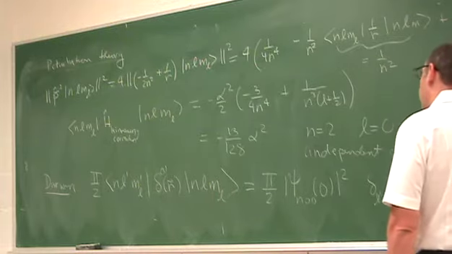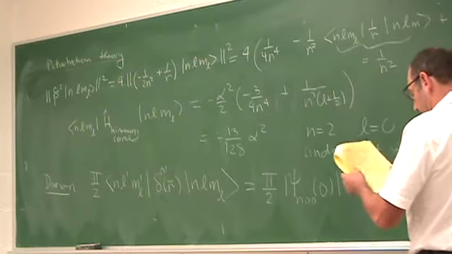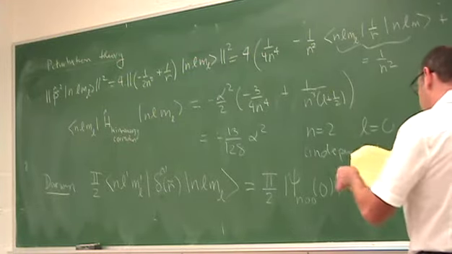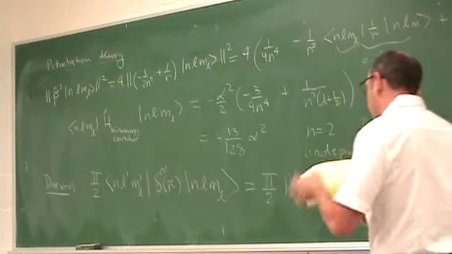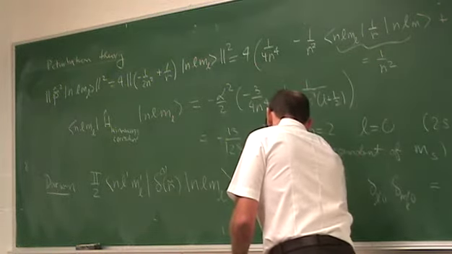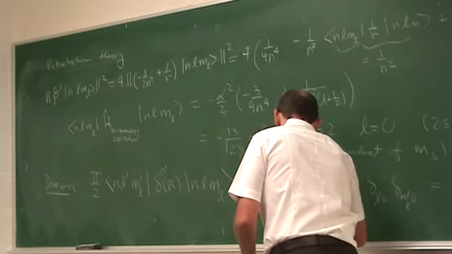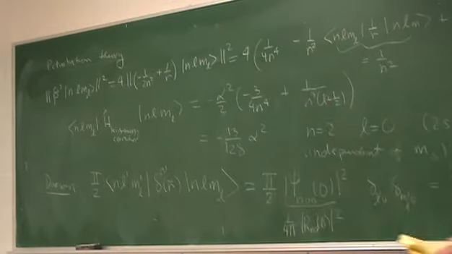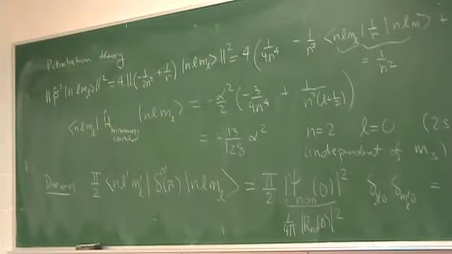And that means that this term in the context for n equals 2 is given here somewhere. Gotta write it down. This, of course, is equal to the Y_LM, which is 1 over 4 pi, times the value of the radial wave function at the origin.